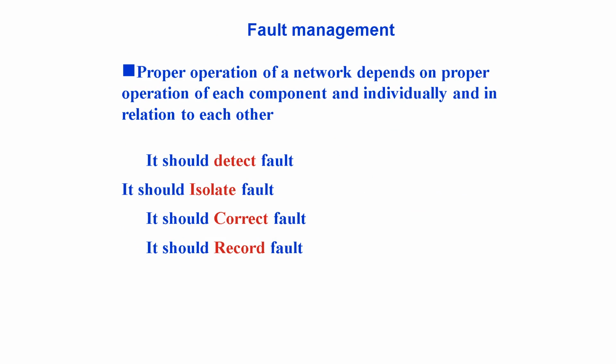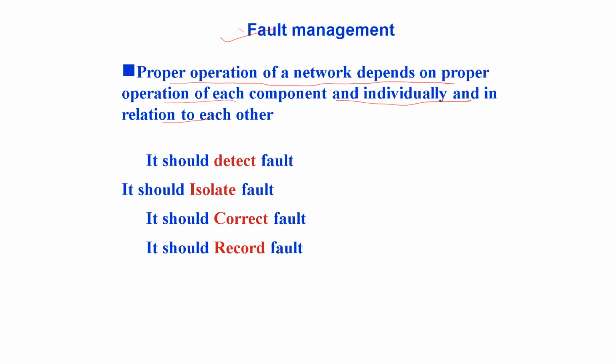The next type of activity happening in network management is fault management. It is also a main activity of the network administrator. The proper operation of the network depends upon the proper functioning of components and how individually they are related to each other.